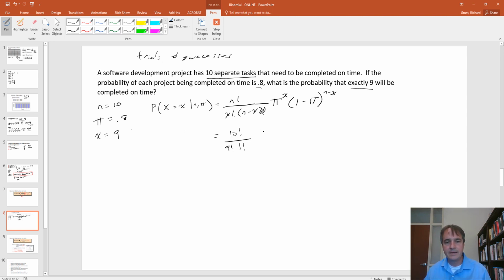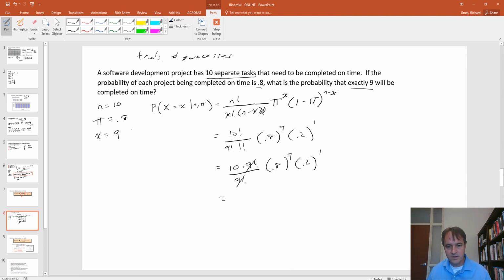So pi is 0.8, and then x is 9, and then 1 minus pi is going to be 0.2, and then n minus x, so 10 minus 9 is just 1. Okay, so we can expand this to help us do some cancellation. So 10 times 9 factorial, 9 factorial, we'll just ignore that. So that it's just going to be 10 times 0.8 to the 9th times 0.2 to the 1st.